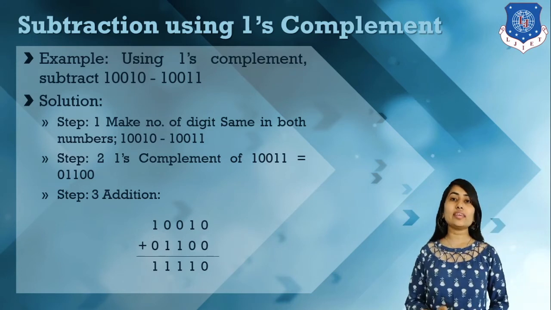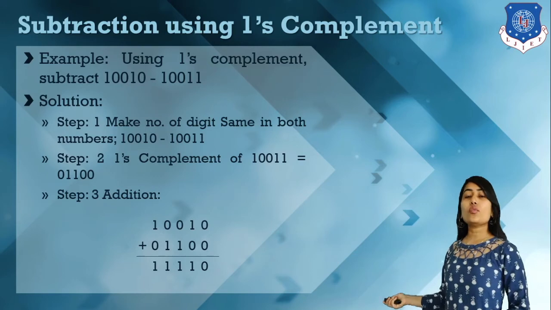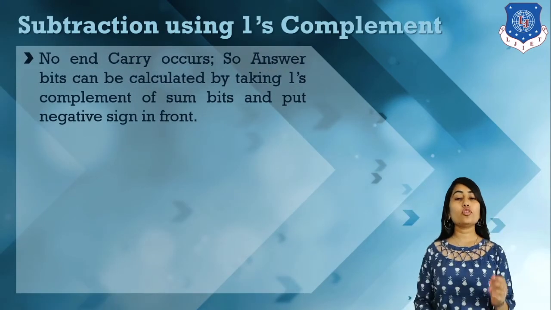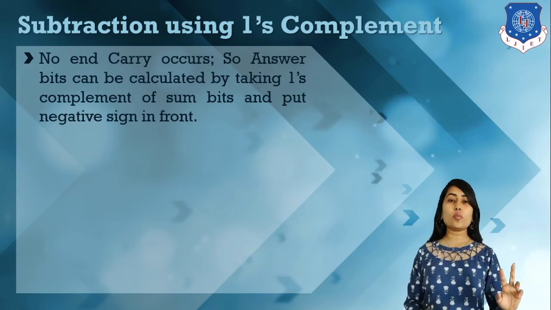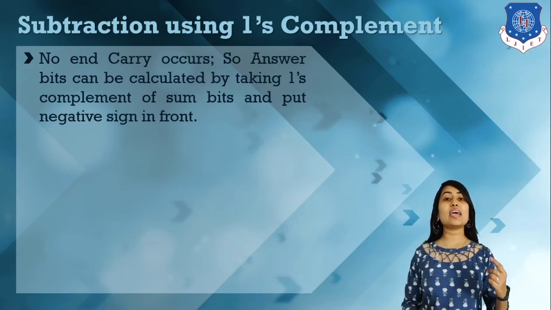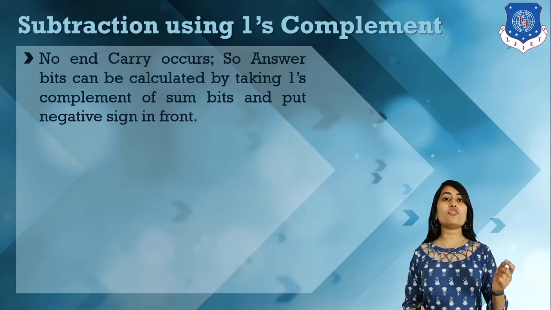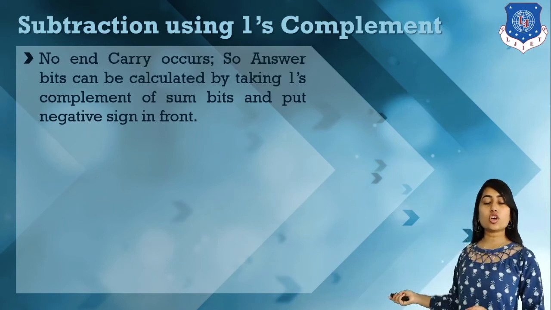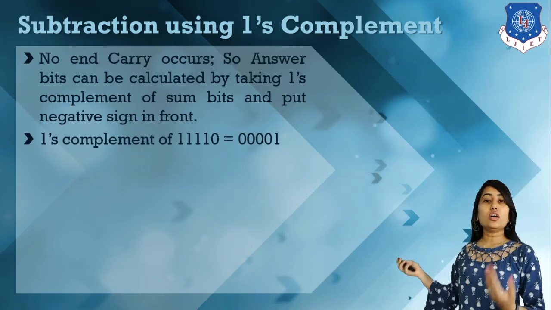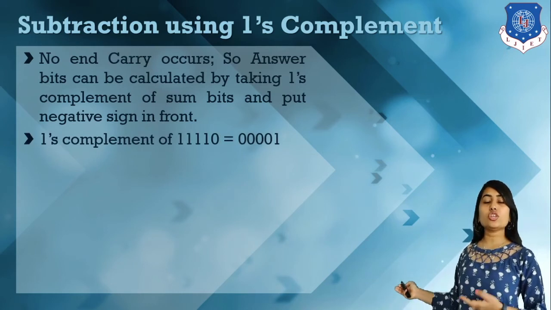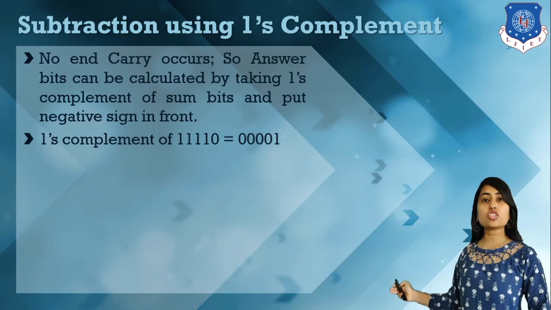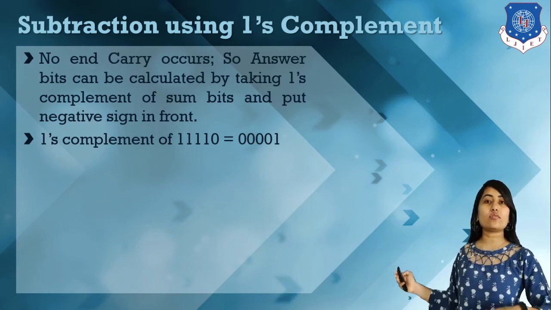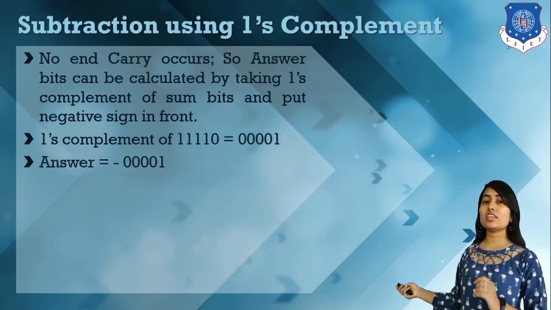So how can we get our correct answer? Whenever no end carry occurs, we have to find the ones complement of the summation result and put a negative sign in front for the correct answer. So here we calculate the ones complement of the summation bits by just replacing zeros and ones, and then put a negative sign in front.